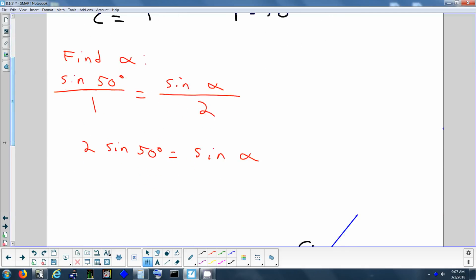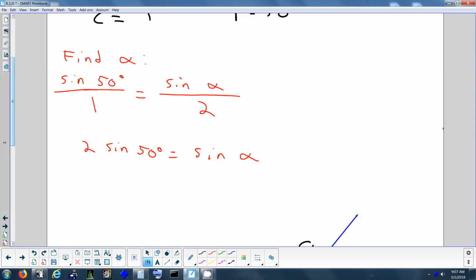Now, before I go any further, does anybody remember as a decimal what the sine of 45 is? I'm just thinking 45 because that's one we should know, and it's kind of close to 50. It's one of those special decimals that comes up.